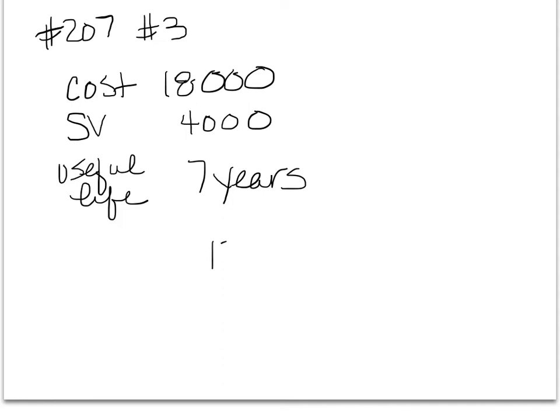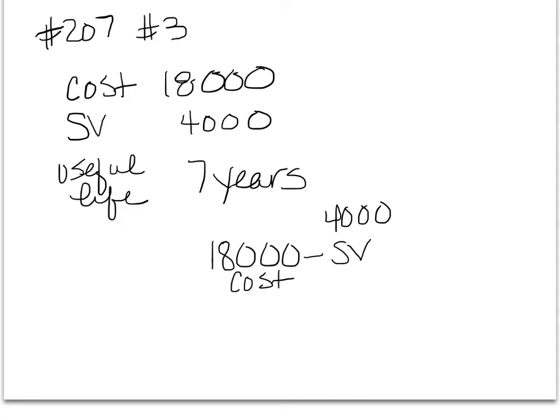To do that, we would take $18,000, which is the cost of the asset, minus the salvage value, in this case $4,000, divided by the useful life, which in this case is 7.